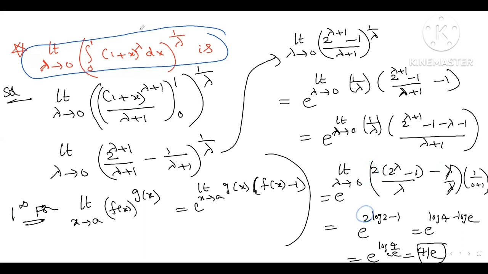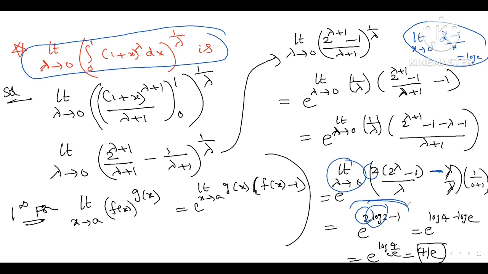Okay, we have one formula: limit x tends to 0 of a to the power x minus 1 by x is equal to log e a. According to this formula, here 2 is a constant, so the limit lambda tends to 0 of 2 to the power lambda minus 1 by lambda is nothing but log 2. Here minus 1 is there, so it is 2 log 2 minus 1.